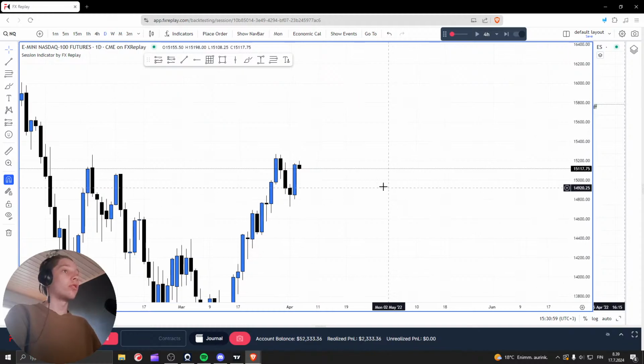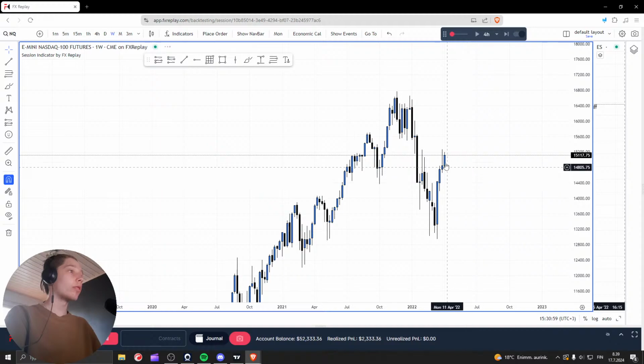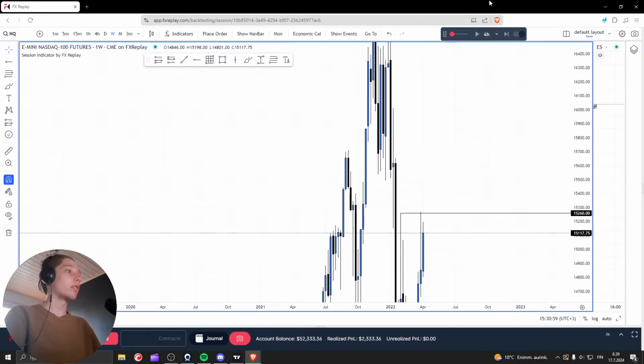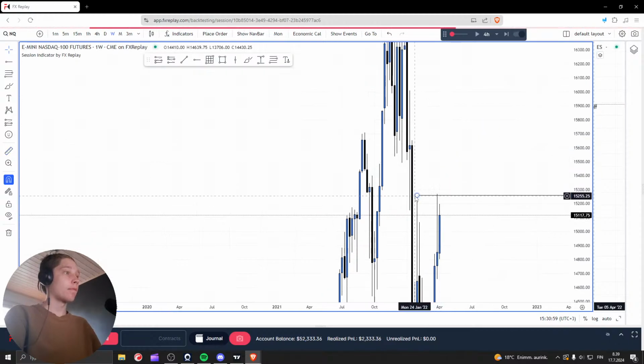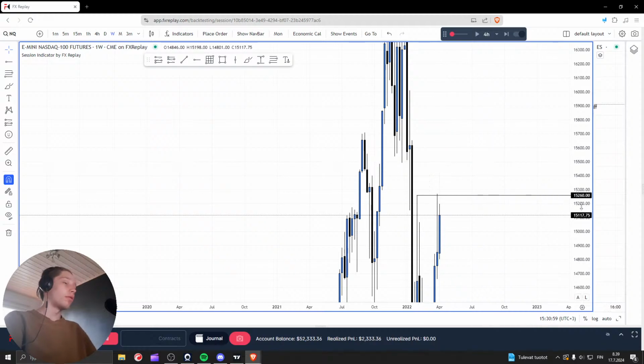So let's take a look at how we are looking. Relative equal highs, that kind of gets swept, but if you have that high to that low, that's a small amount of points.